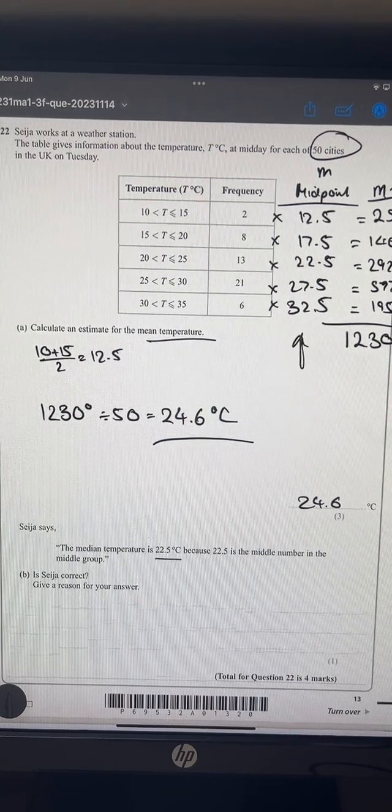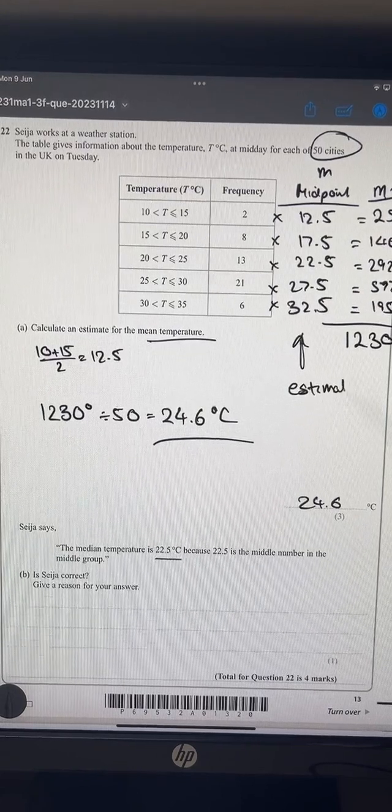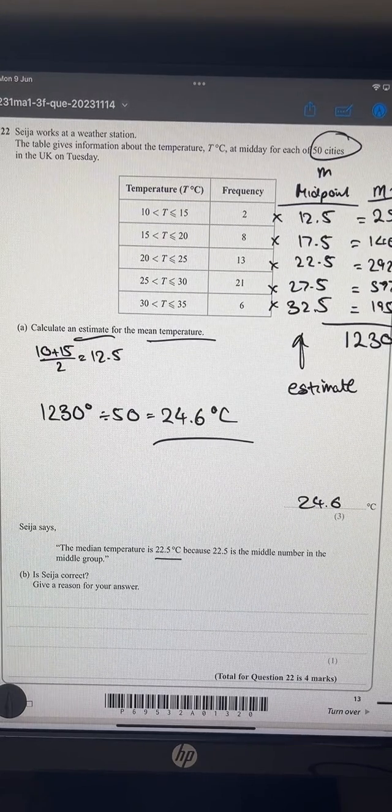It's very important that you understand we're estimating, like we're just saying, let's assume that the midpoint is what all those temperatures in that range were. So I could have a temperature here that was 21, 22, 23, several 23s, several 24s, and a 25, and I've got 13 lots of numbers in that group, right? None of them necessarily have to be 22.5. So is Sage correct? Well, the obvious answer is no, right?